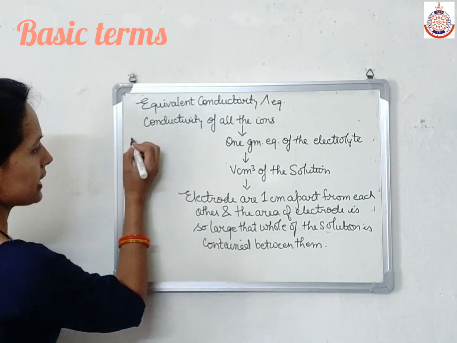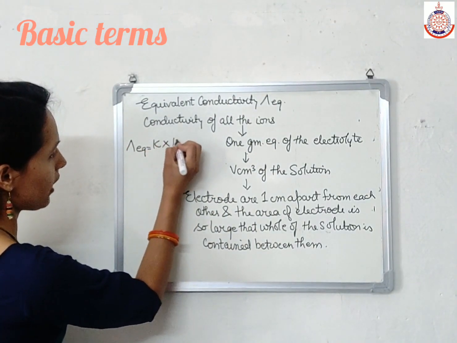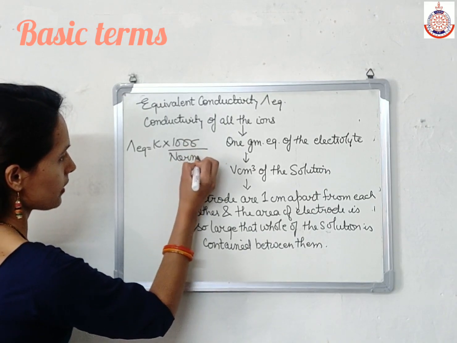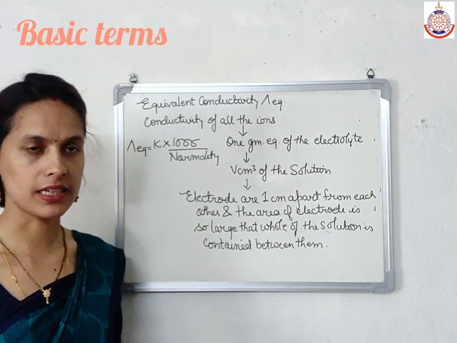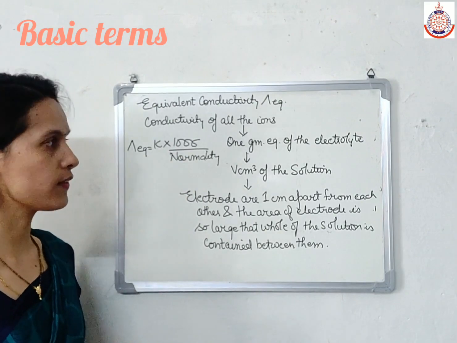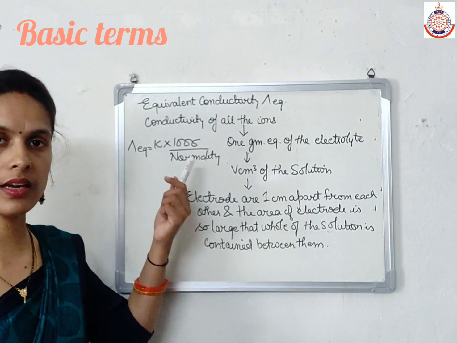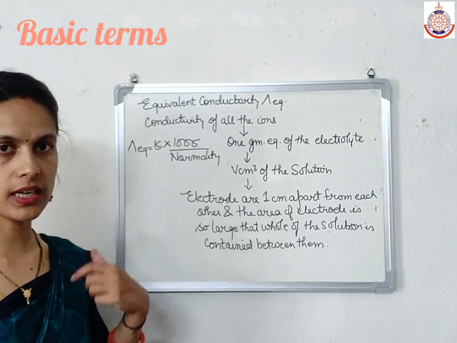Now, mathematically, lambda EQ equals K into 1000 divided by normality. This is the mathematical formula for calculating equivalent conductivity, and through this formula we can find its unit. What is K? K is the specific conductivity.